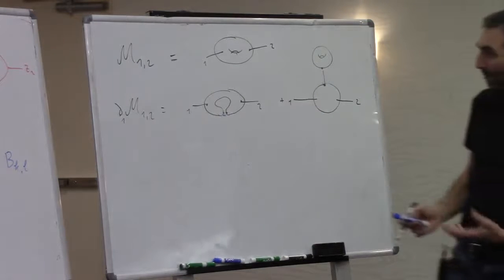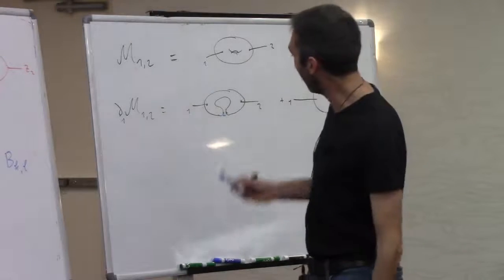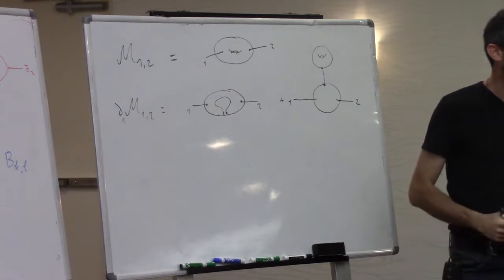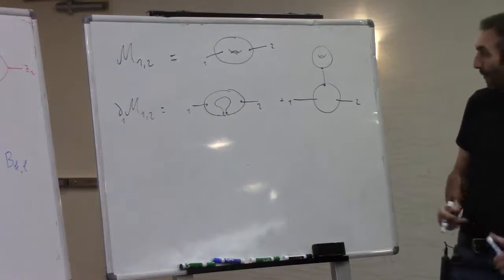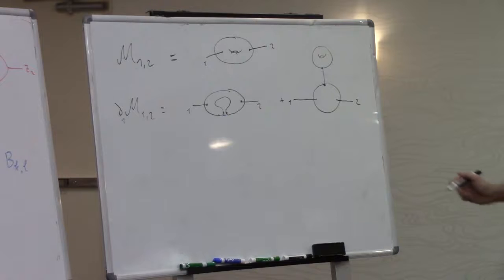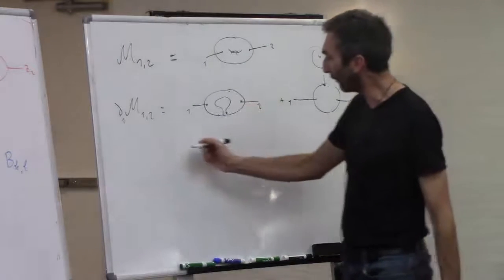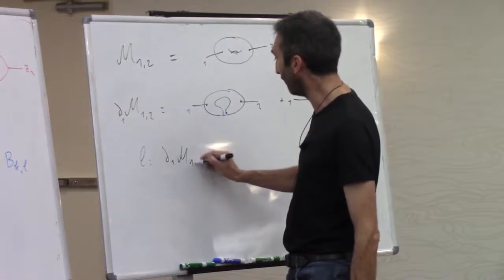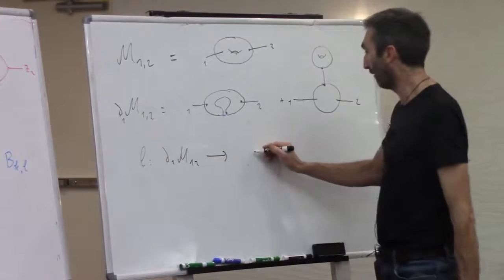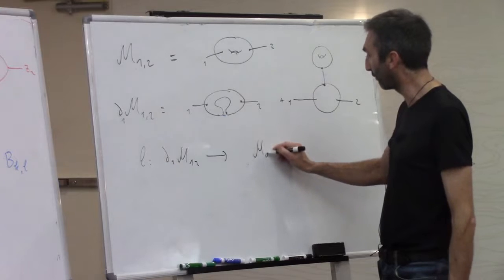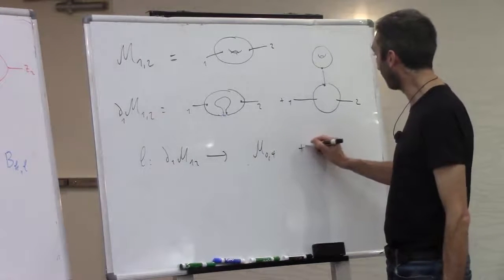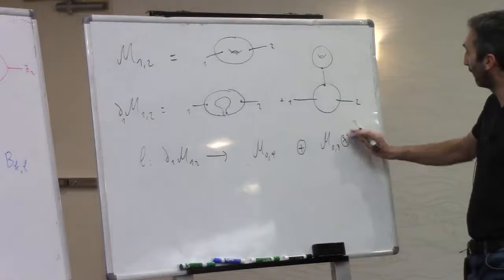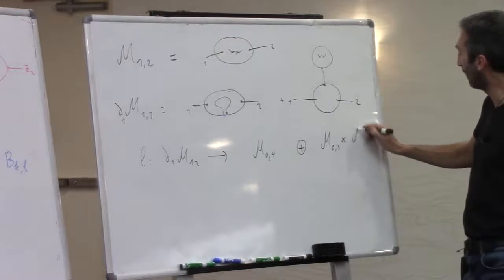So basically you have exactly a one-to-one correspondence between boundaries and the dual graphs, the degeneration graphs that I was writing before. And now it means you have a map L from the M12 into, so here it will be M04, and plus, and here it will be M03 times M11.